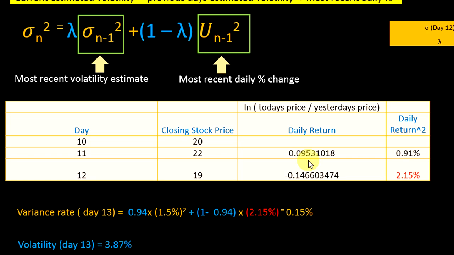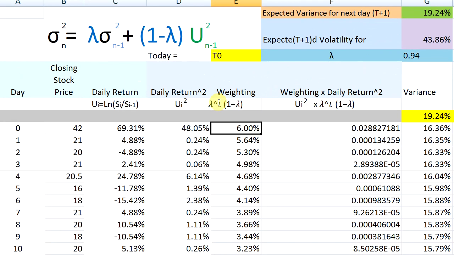So using the exponentially weighted moving average model, we can say the volatility for day 13 is 3.87%. Now let's quickly have a look at how we can show this in Excel.